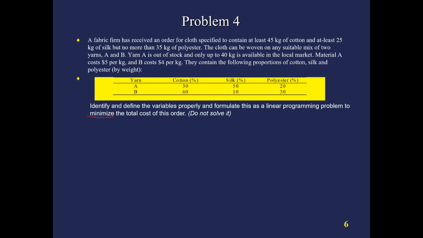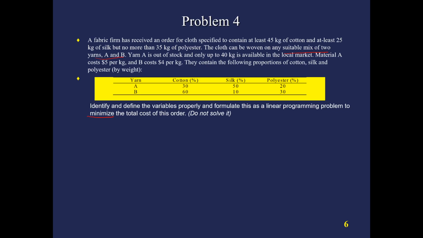The company has to decide how much of this suitable mix of two yarns A and B we buy and mix them to meet the requirement of cotton, silk and polyester.